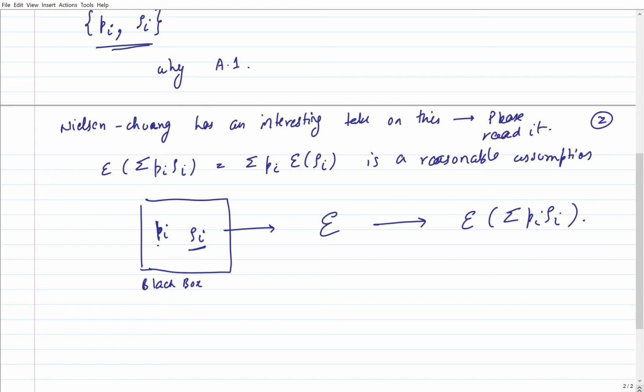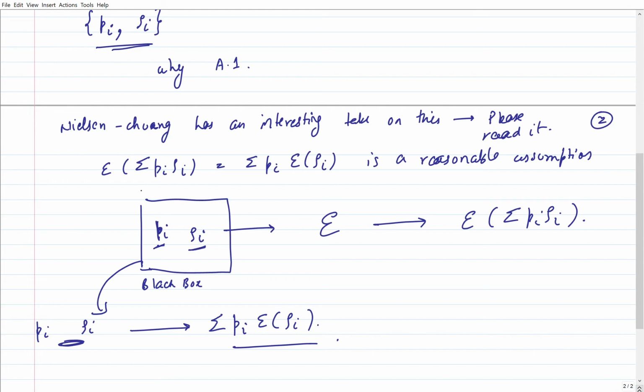Now, on the other hand, what I can do is flip a loaded coin with probability p_i. I'm getting rho i, and I'm announcing it. So for that person, this is going to be this quantum operation over here. The point is that the final outcome should be independent of whether I announce the coin flip or I do not announce a coin flip.